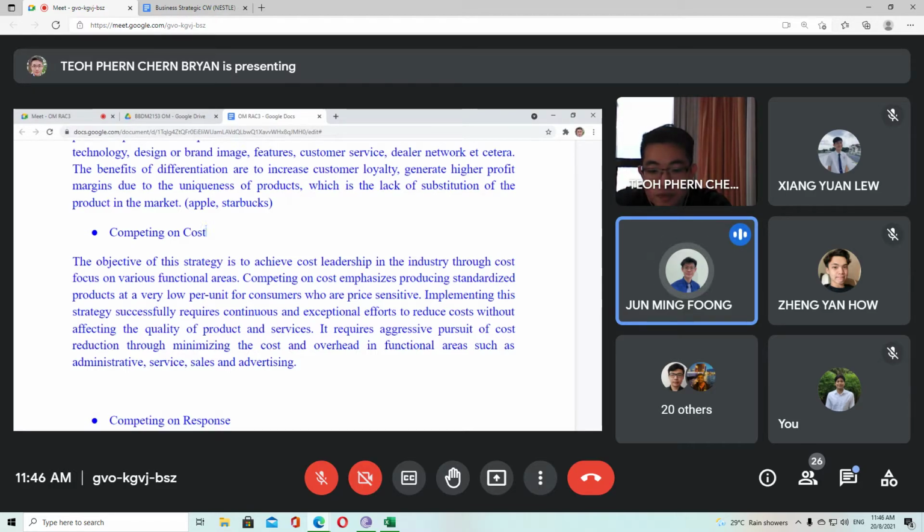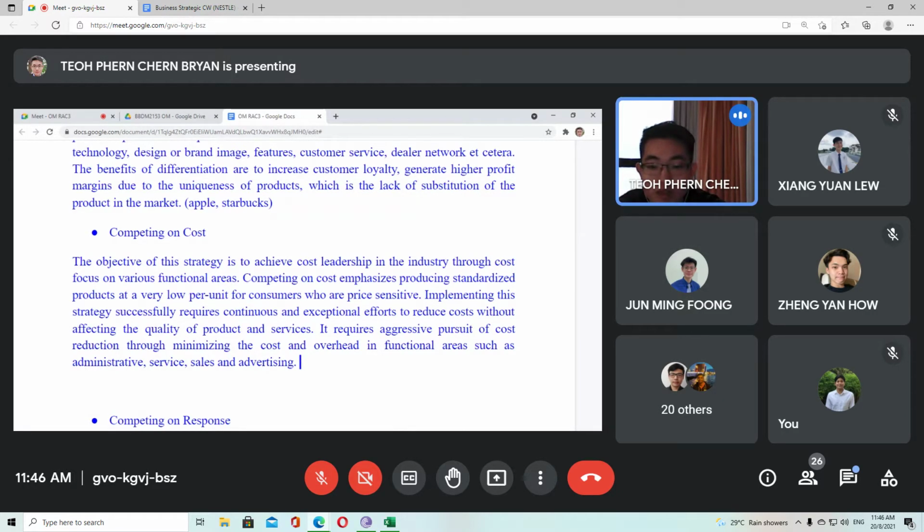Implementing this strategy successfully requires continuous and exceptional efforts to reduce costs without affecting the quality of the product and services. It requires aggressive pursuit of cost reduction through minimizing the cost and overhead in various areas such as administrative, service, sales, and advertising departments.